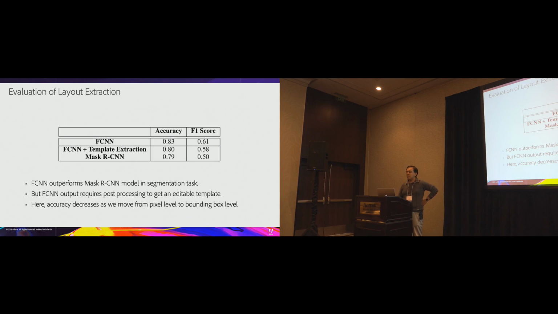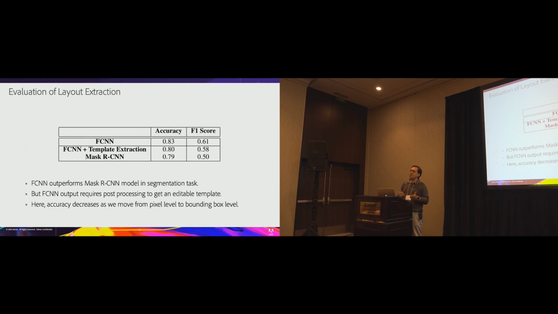We measured the performance in terms of overall accuracies, in terms of how much every element matched with the ground truth, and also the F1 score of the underlying classification task. As it turns out, if we just take the pure segmentation output from the fully convolutional neural networks at a pixel level, it was perhaps performing better than the other two algorithms.